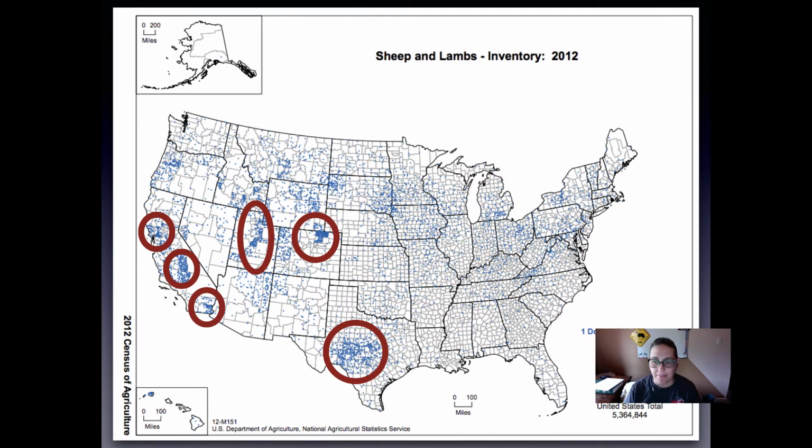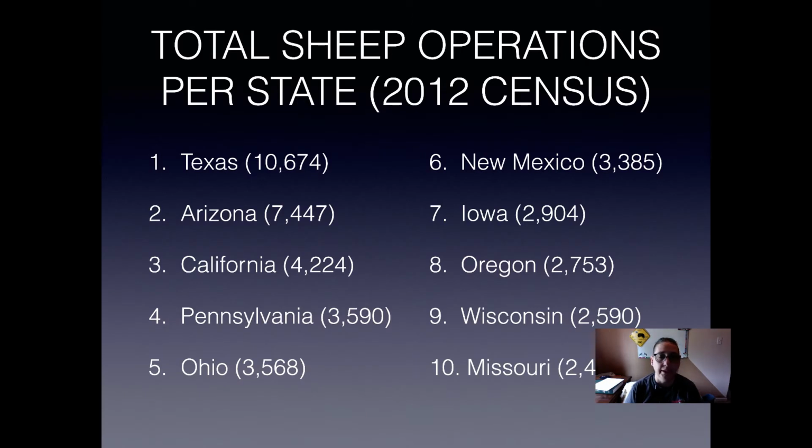And on this map, each dot represents 1,000 sheep and lambs. So there's some sparse areas, and then there's some very densely populated areas. When we look at total sheep operations per state, the number of actual sheep farms per state, we see a mix. The first one is Texas.